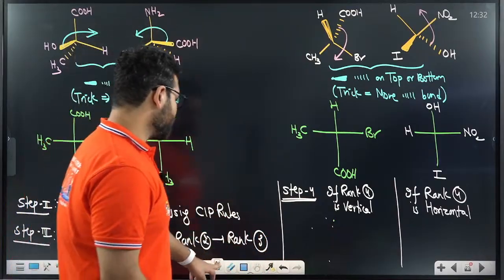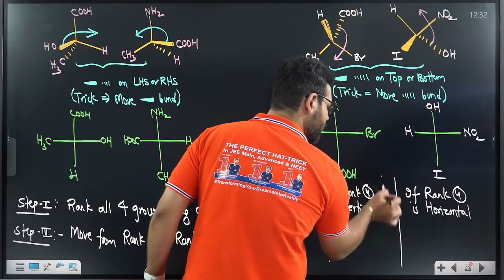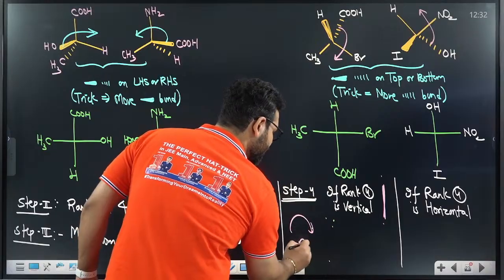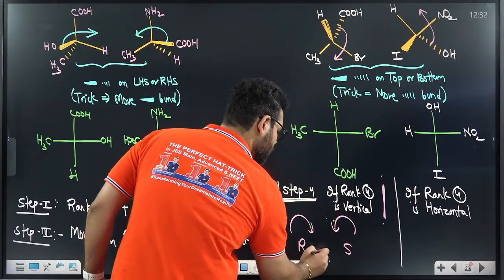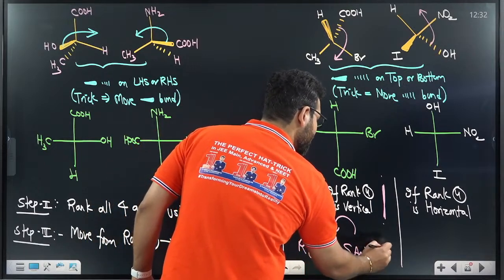If rank 4 is on vertical line, either here or here, then clockwise will be R, anti-clockwise will be S.